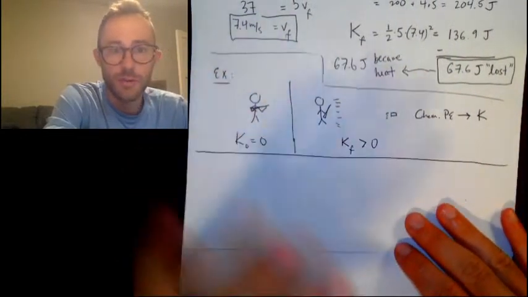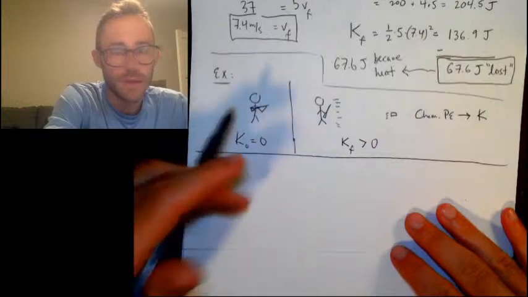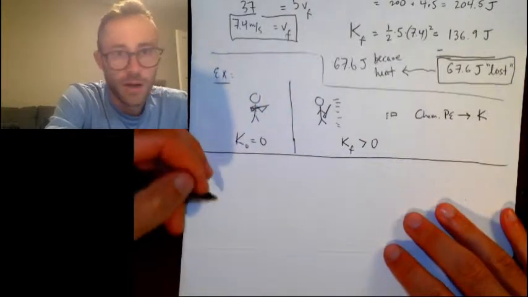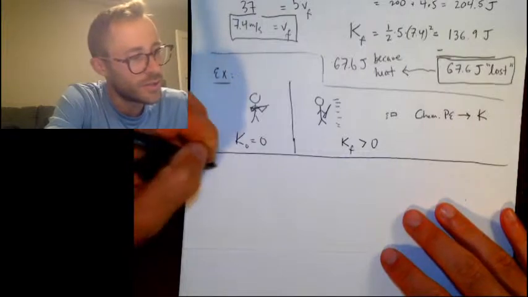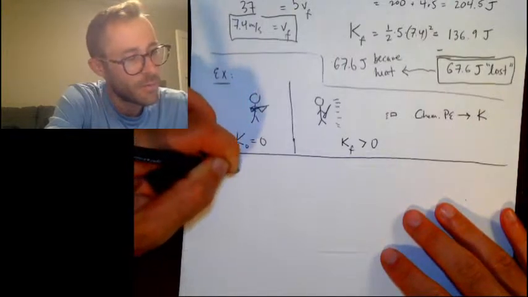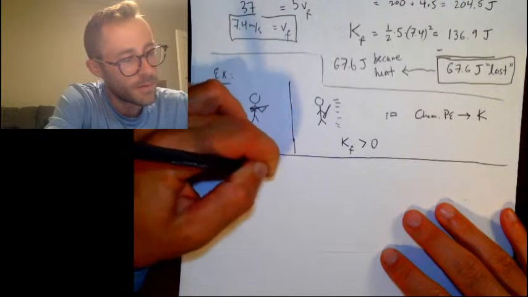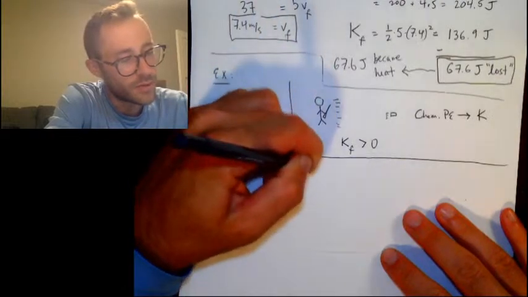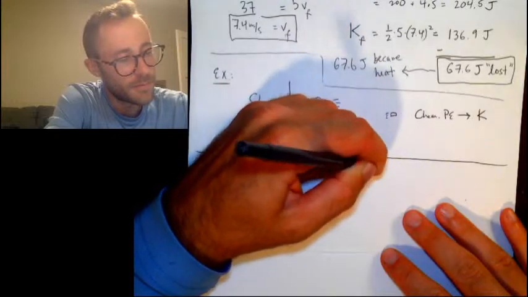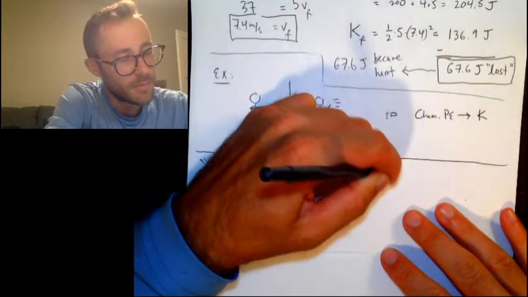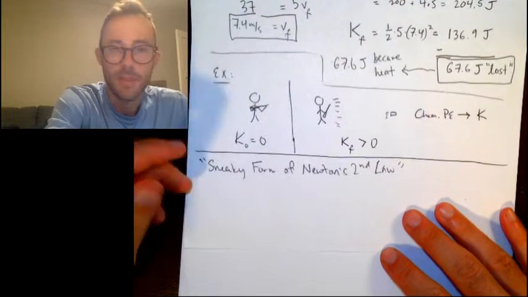So that's kind of the first part of the lesson. The second part, I want to talk about what I like to call the sneaky form of Newton's second law. Okay?